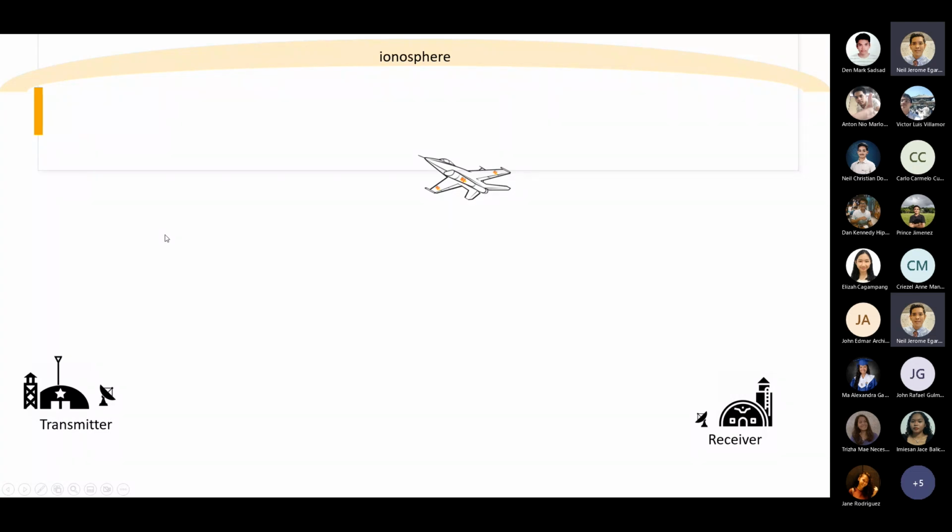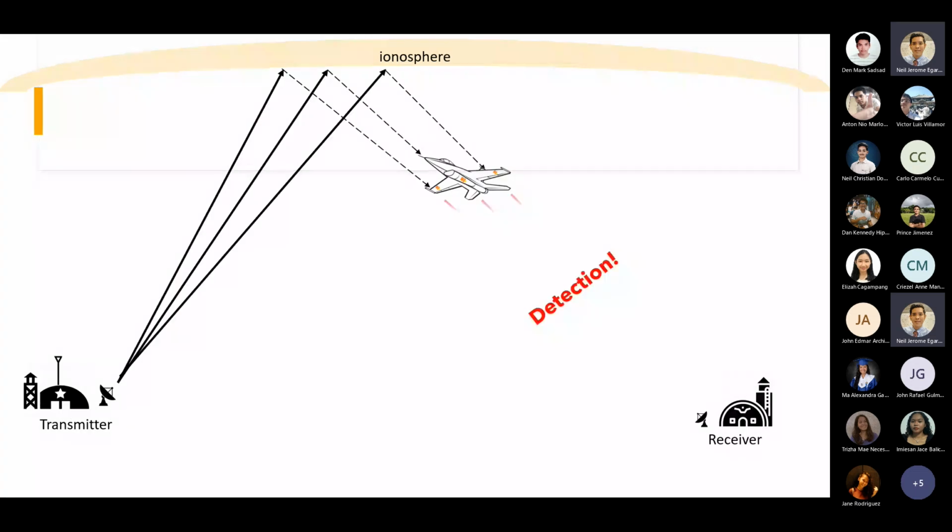Ano? So halimbawa meron kang enemy radar dito. So yung nasa transmitter. So ang gagawin ni enemy radar, magsisend siya ng electromagnetic signals sa air. Alright? And then it will bounce off the ionosphere natin. Tapos pag merong enemy plane, so tatama yung reflected electromagnetic waves from the ionosphere, tatama dun sa enemy plane, all right? And then that wave will create sort of an echo.